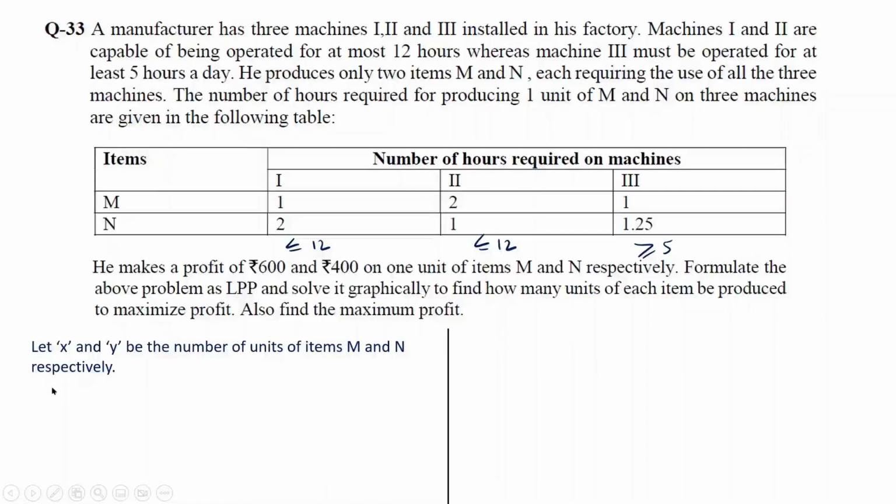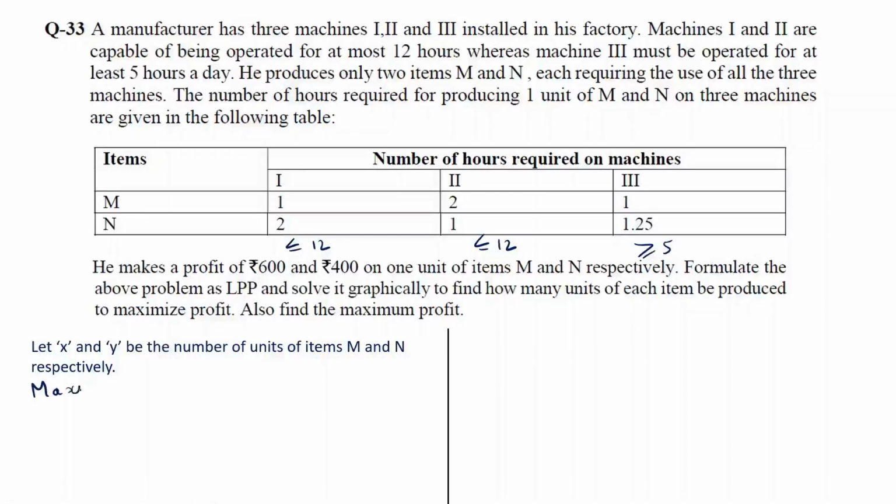So, let x and y be the number of units of items M and N respectively. First, let us write the objective function. The objective function is to maximize the profit. So, we have to find the number of units of each item that should be produced to maximize the profit.